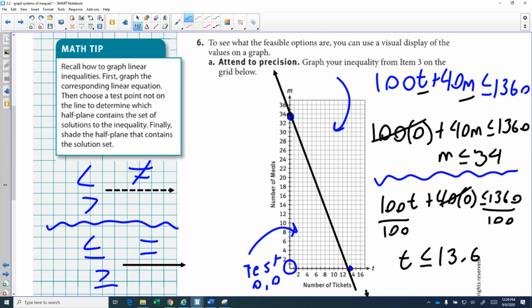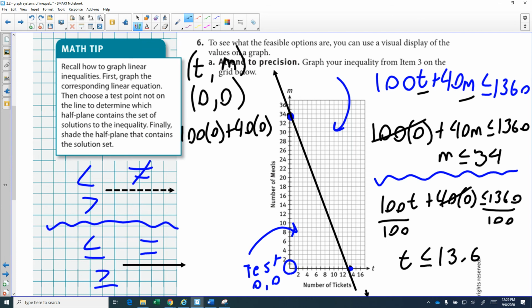I'm going to plug in 0, 0 into this problem. If I bought 0 tickets and 0 meals, this would be 100 times 0 plus 40 times 0 is less than or equal to 1360. Well, that would cancel. That would cancel. This would give me 0 is less than or equal to 1360, which is a true statement.